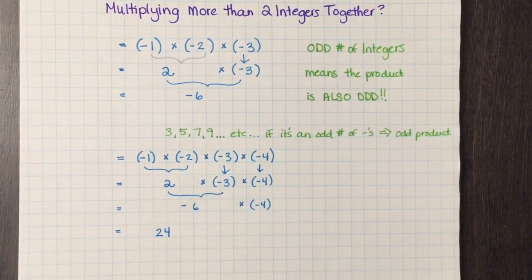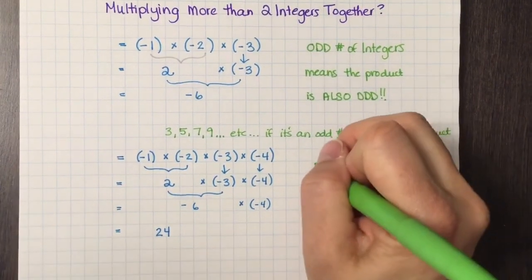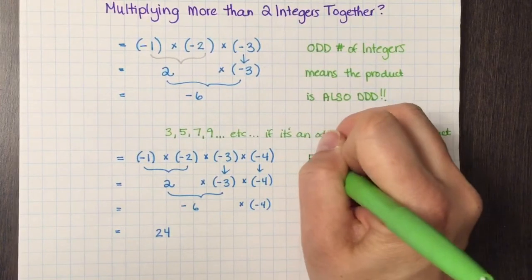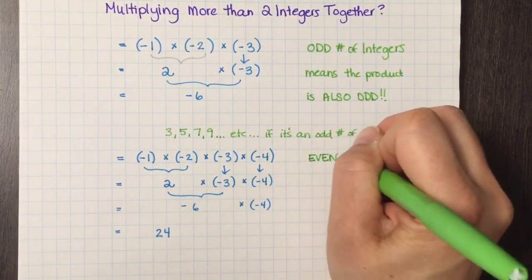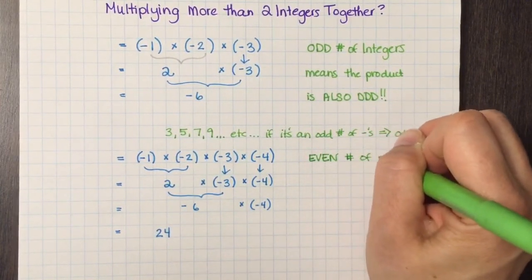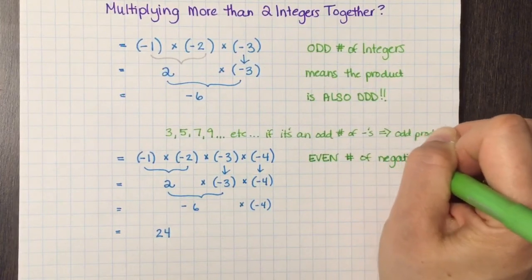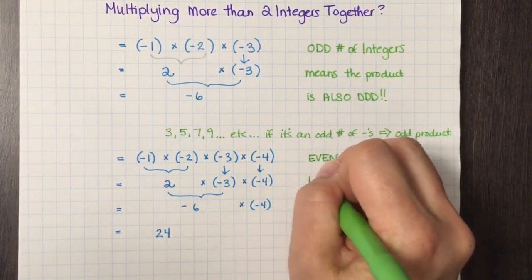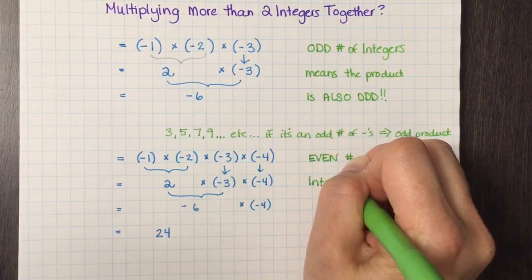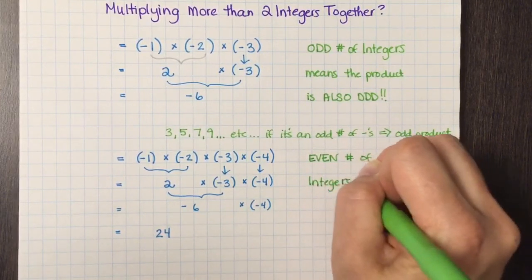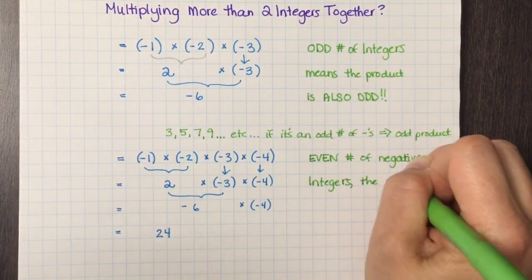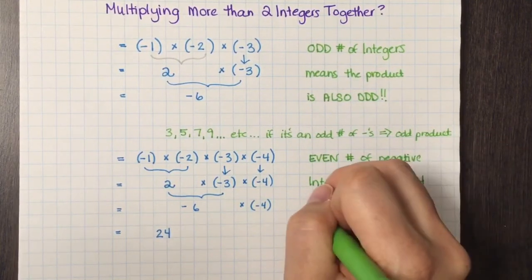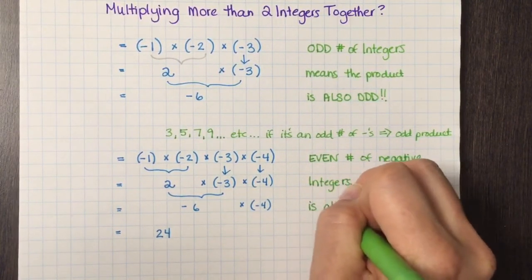So I'm sure you're seeing the pattern here because you guys catch on really quick. If we have an even number of negative integers, the product is also even.